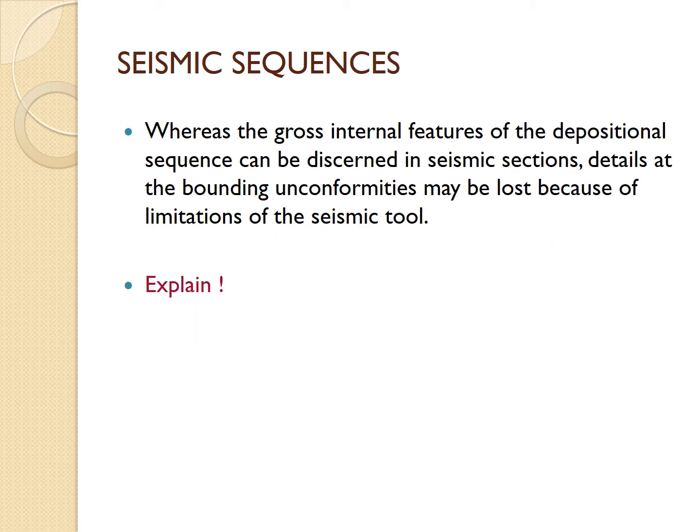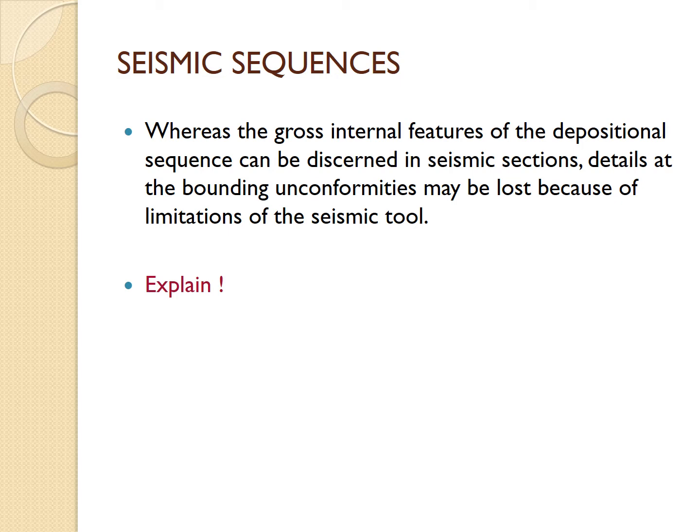Just think about how the internal features of a depositional sequence can be discerned in seismic section, while details at the bounding unconformity may be lost. What does it mean, bounding unconformities here? It means the top side and the bottom side may be lost because of the limitation of seismic tools.